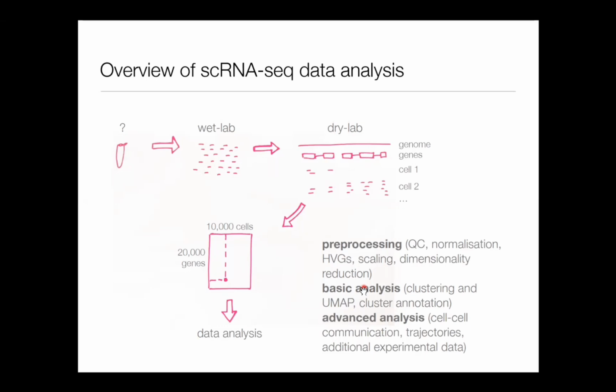For a basic analysis afterwards, we will cluster cells, visualize them in 2D space, like the image I started with, and we try to annotate the clusters. In an advanced analysis, you can then go on and, for example, look into cell-cell communication, trajectory analysis, or add additional experimental data.